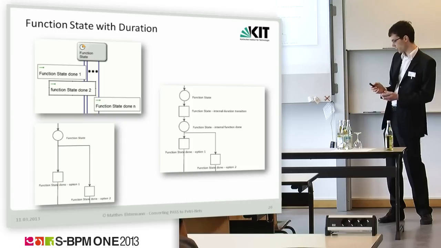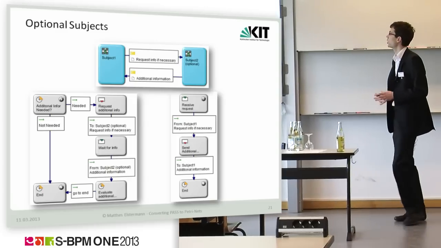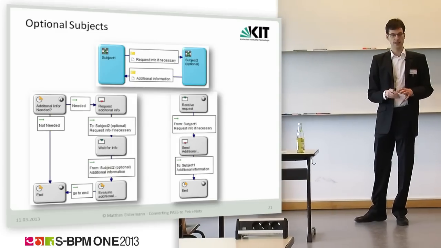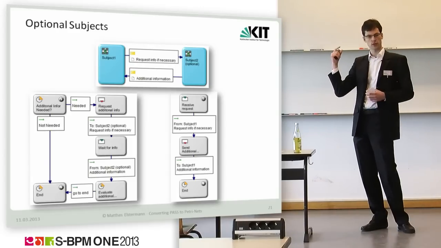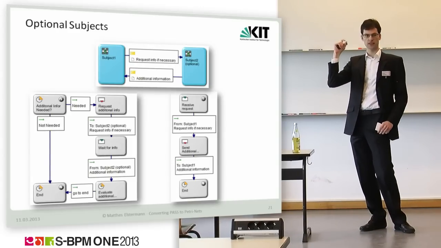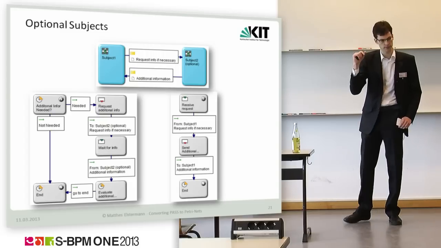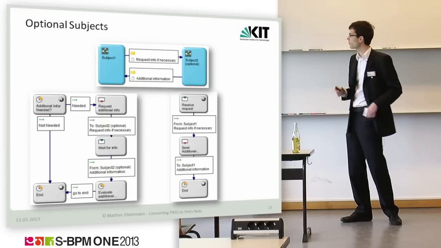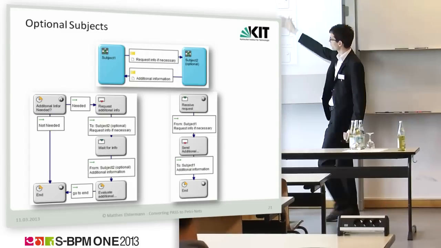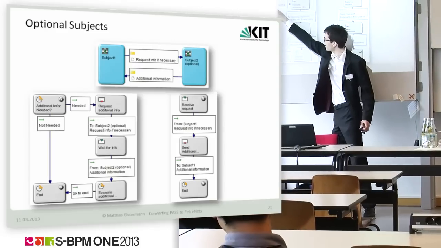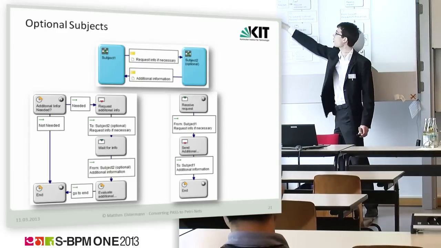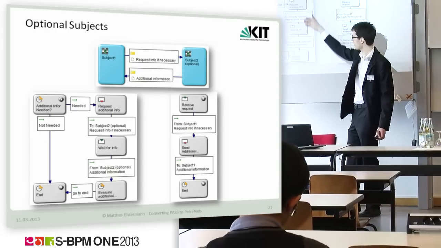All right. Then we've got another problem. Optional subjects. As I said in the beginning, the first transition places the marking on every subject in the beginning. So the problem is in this simple process, subject 1 can either directly go to the end or maybe optionally request something.